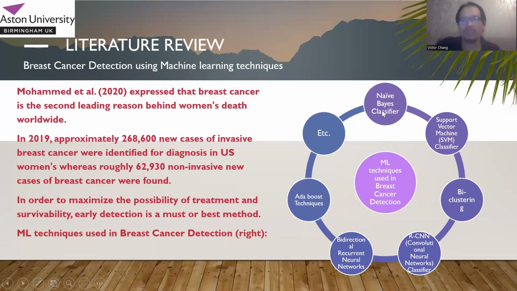They involve methods like naive Bayes classifier, support vector machine, clustering, RCNN and CNN, which stands for convolutional neural networks, bidirectional recurrent neural networks, boosting techniques, and so on. All the new techniques will be used on a regular basis for further improvement, and I'm going to talk about some of the selected techniques later on.